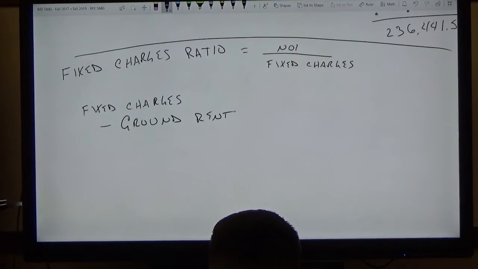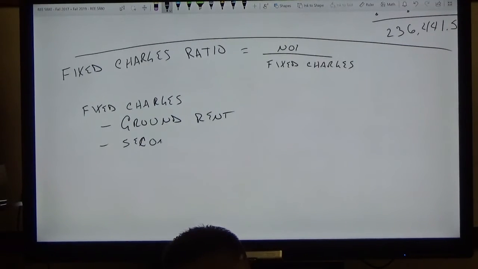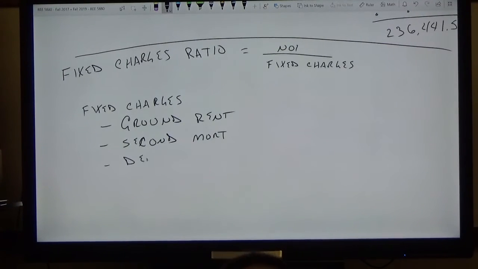This is going to be more debt related. Unsecured debt, it could be like a second mortgage, which could be secured, not secured, okay? Also could be just simply the regular debt service on the loan. So those are at least 3 different examples.